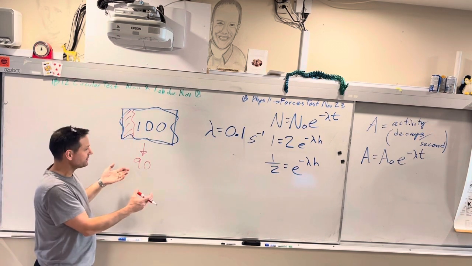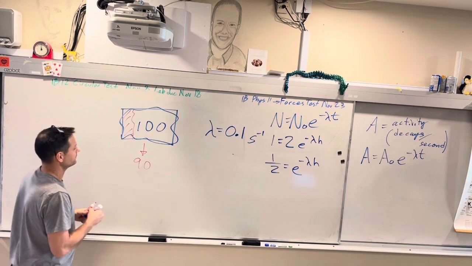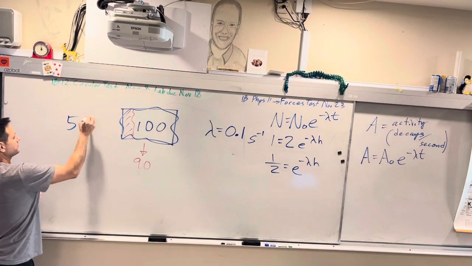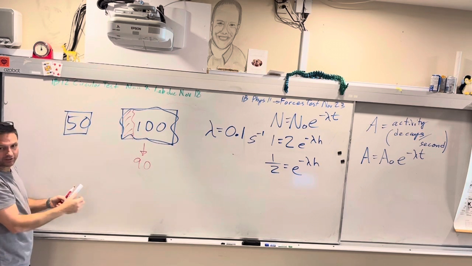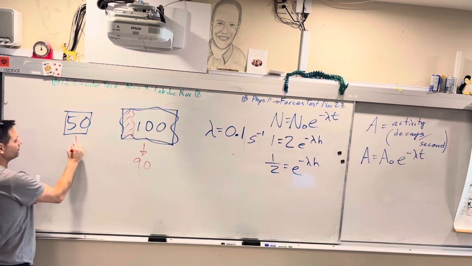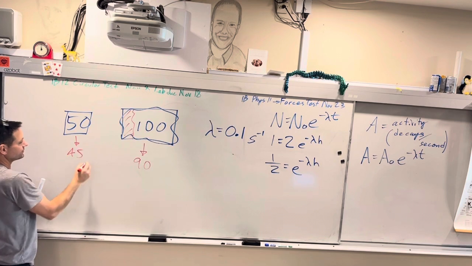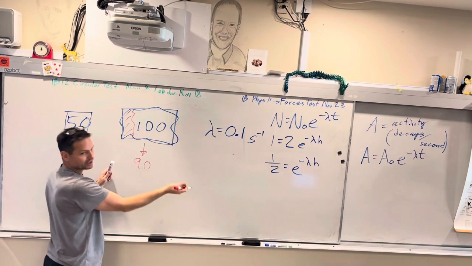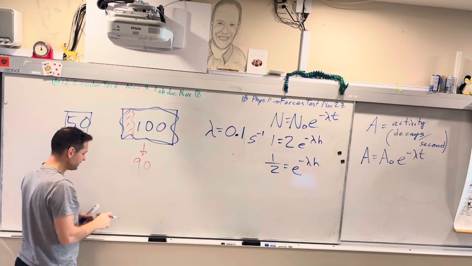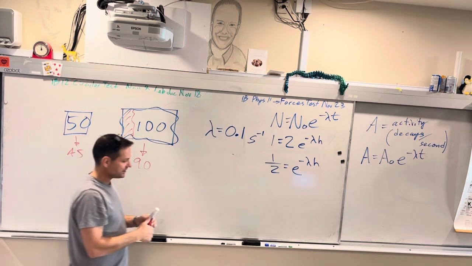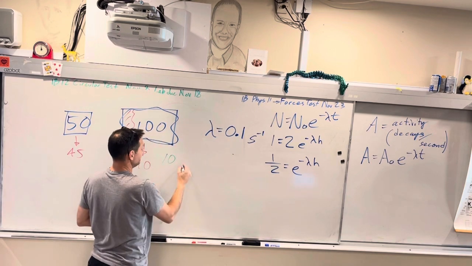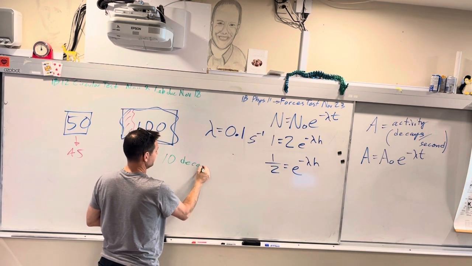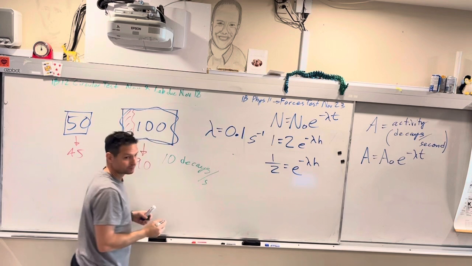After a few seconds, if you started with 50, you wouldn't go to 90, right? You would be going to 45. So if you put a Geiger counter on this, you would be getting about 10 decays per second, which you would hear in clicks.